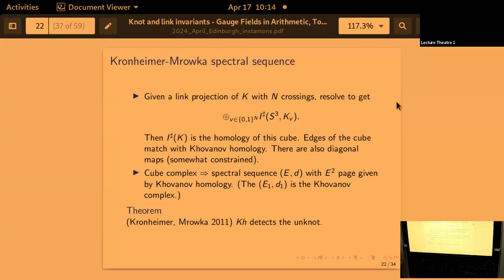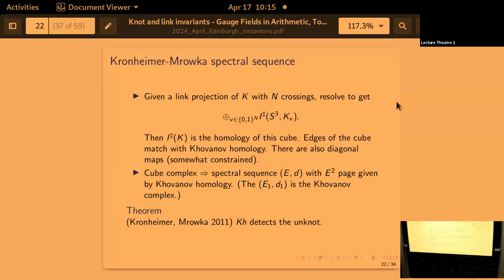Because of that, Kronheimer and Mrowka, using all of this machinery, in the paper that introduced singular instanton homology, it wasn't just some observation, were able to show that the Khovanov homology detects the unknot. So this is the reason instanton homology and this kind of Floer homology theory is cool, even though it's neither easy to define nor easy to compute.